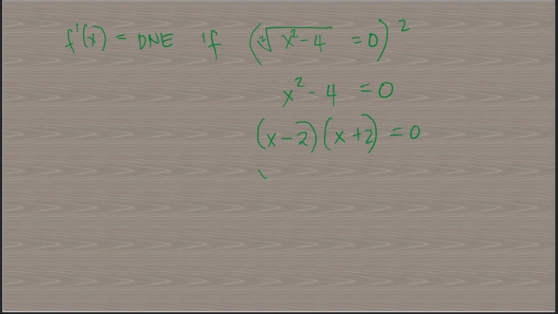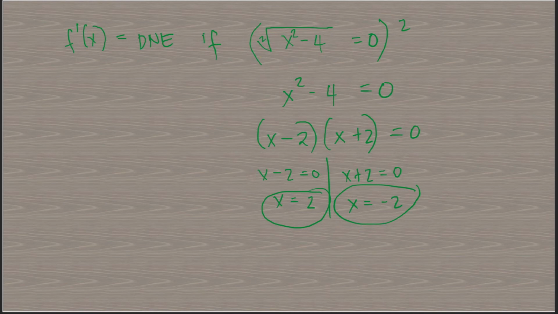So x minus 2 is equal to 0, x plus 2 is equal to 0. The first value of x is positive 2, the second value is negative 2. These are the critical numbers. Agree? Yes, this is critical number 1 and this is critical number 2.